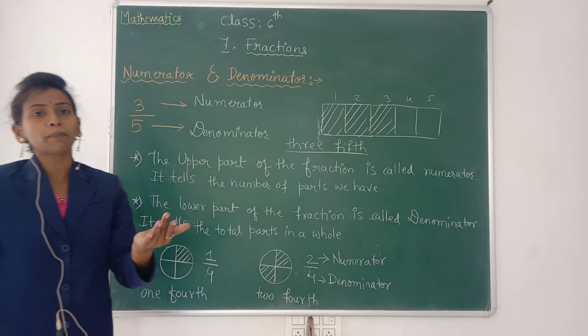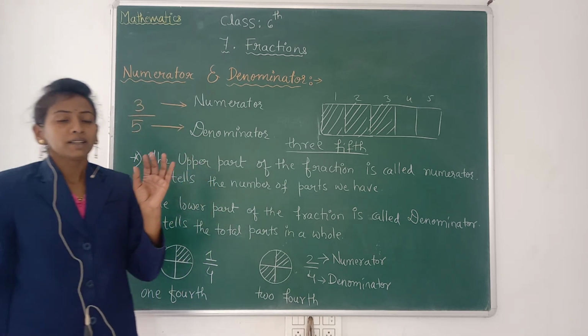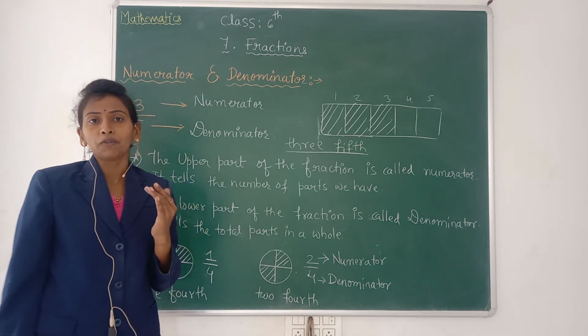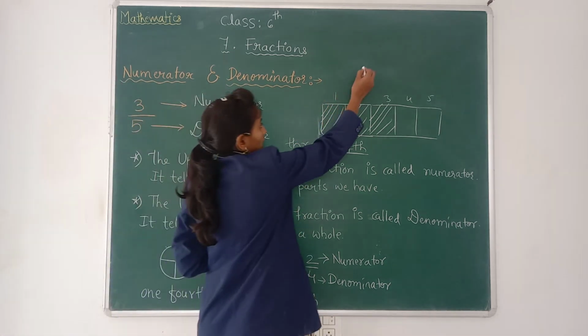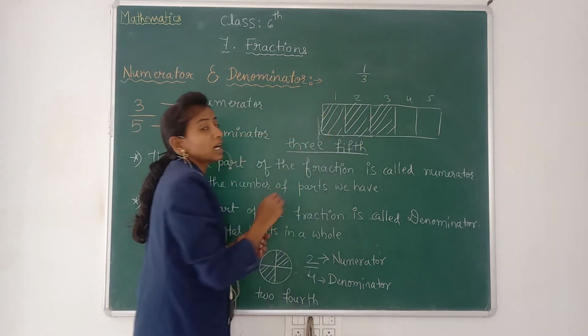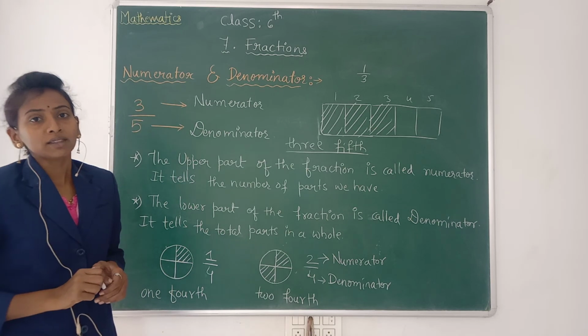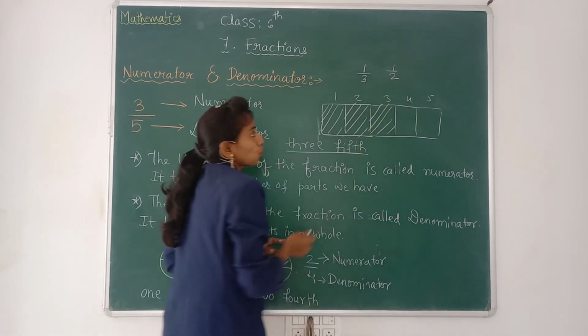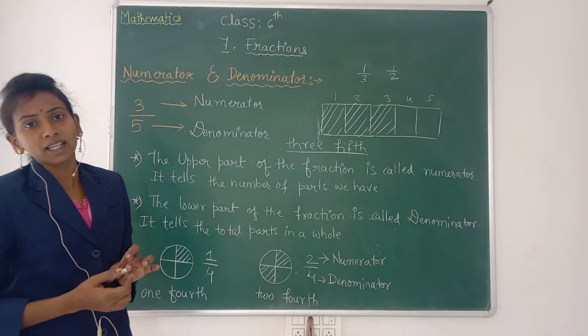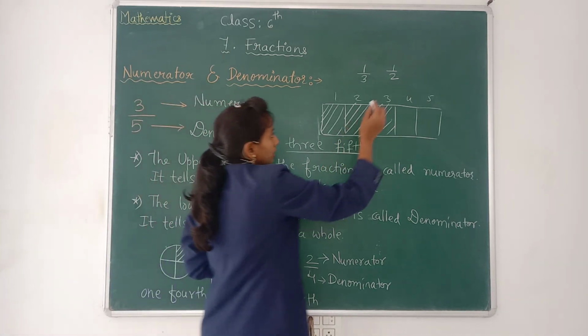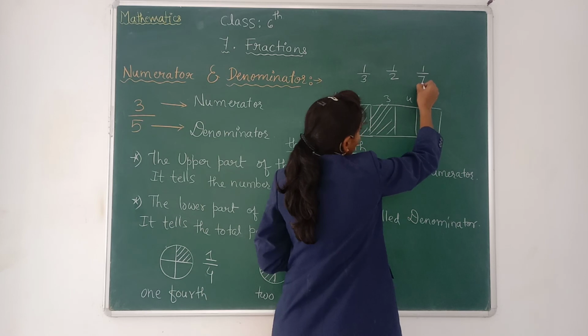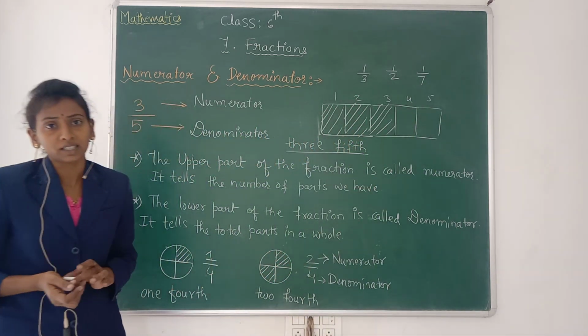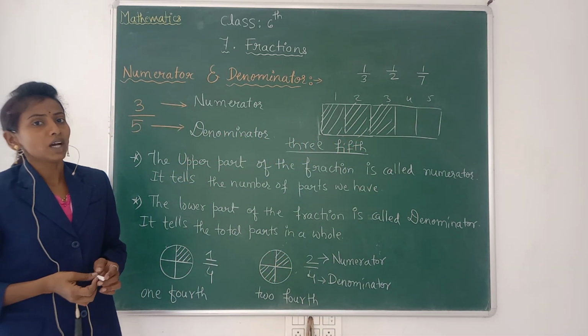If you made 3 parts and consider only 1, it is 1/3. And 1/2 is called half. Again 1/7. Like that you have to read a fraction.